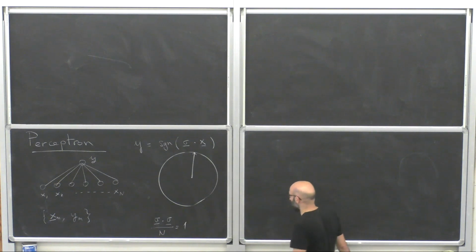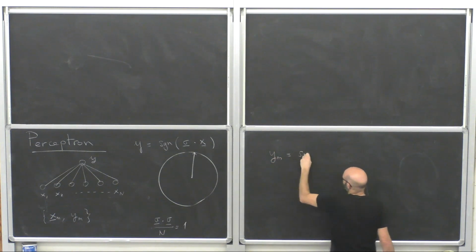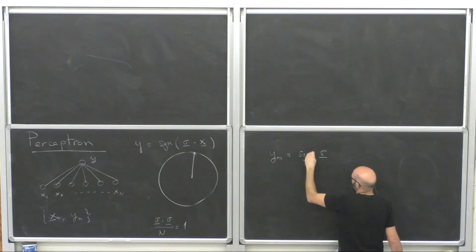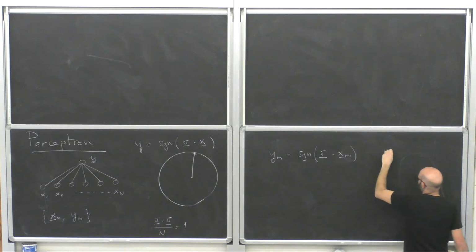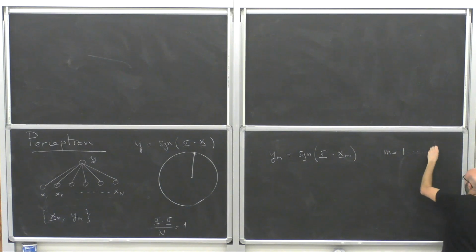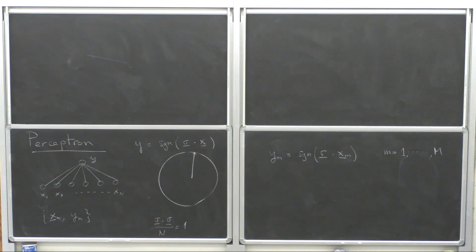So what I have to solve is something like y_m equal to sign of sigma dot x_m, for m from 1 to M. So x and y is my training set, sigma are my variables, and I want to solve this problem.